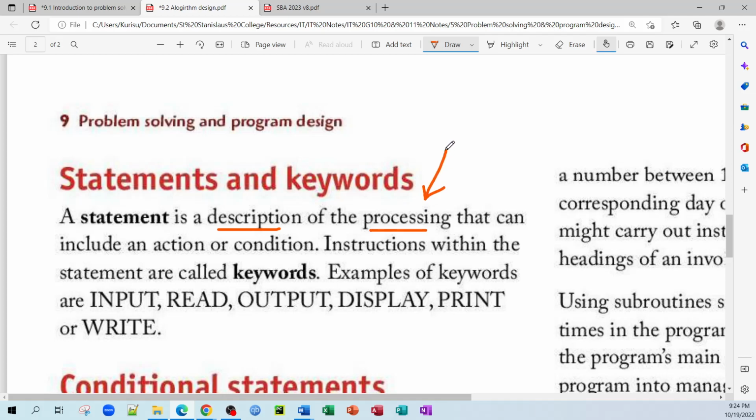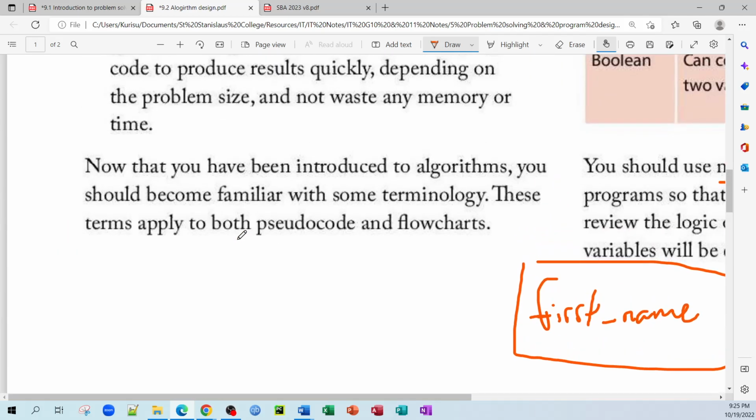Can anybody explain to me what the word processing means in terms of IT? A very simple word. What does that word processing mean? Calculating data.